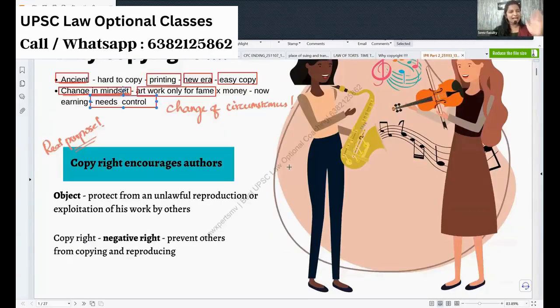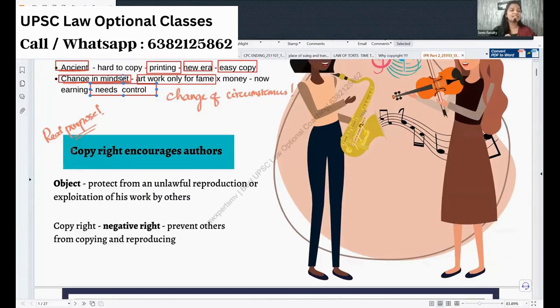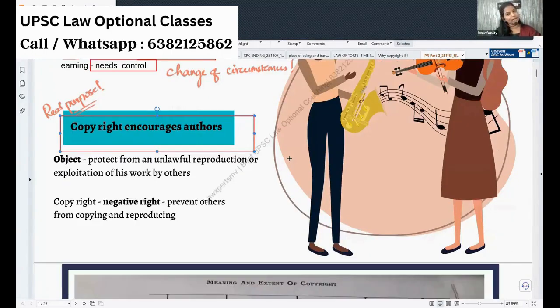Now, why do we actually need copyright? We have a small but important area to take care of, that is encouragement to the authors. See, if you all want to clear UPSC, why do you? Because you have the aspiration, all those things. And in your heart, you will have this point, that is validation. Your parents will be happy if you clear.